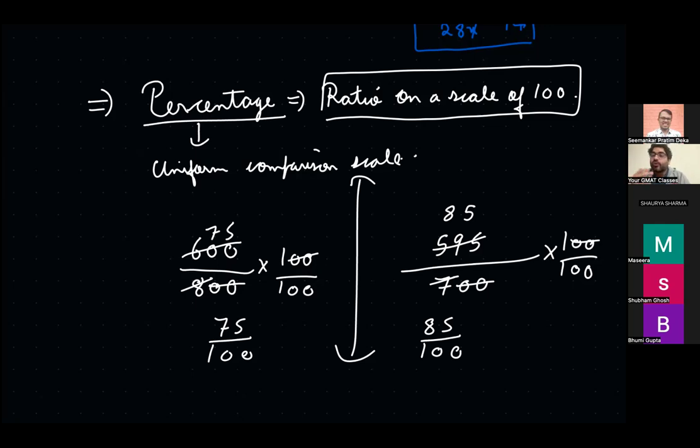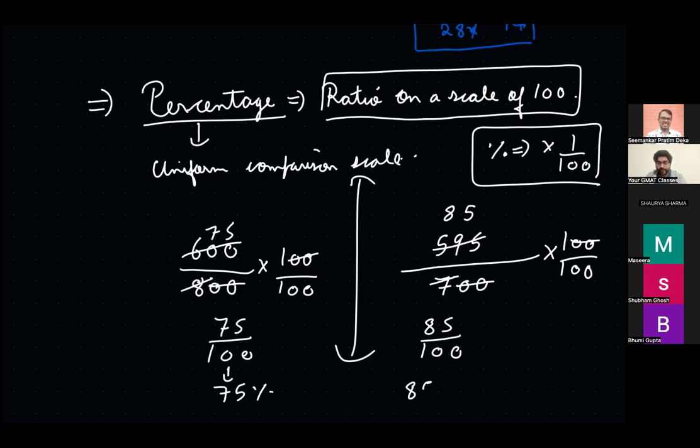Percentage is nothing but out of 100. So this percent sign, you know what it means? We use it wherever 1 by 100 is there. 1 by 100 and the percent sign are interchangeable. So I can directly write it 75%. I can directly write it 85%. I'm repeating myself. The percent sign and 1 by 100 are interchangeable quantities.